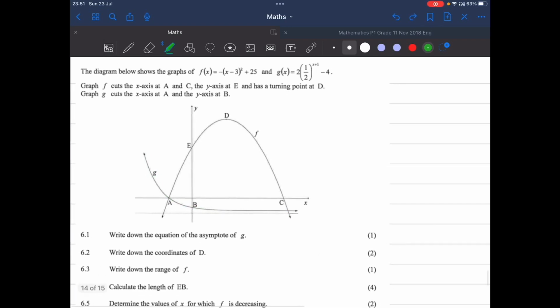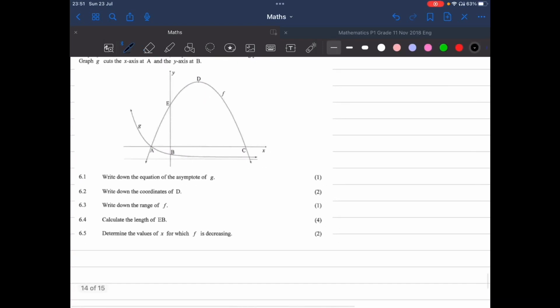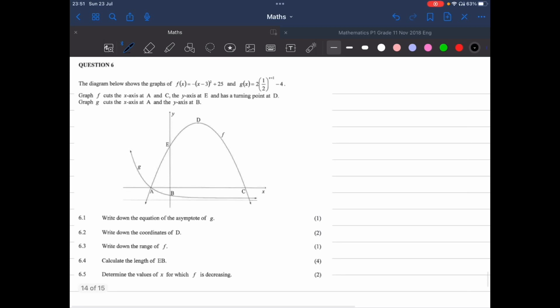And then we are told that graph f cuts the x-axis at points A and C, and the y-axis at point E, and has a turning point at T. Okay, and graph g cuts the x-axis at A as well, and the y-axis at B. Okay, so now we have all the information. Let's read the questions and answer them. 6.1, write down the equation of the asymptote of g.